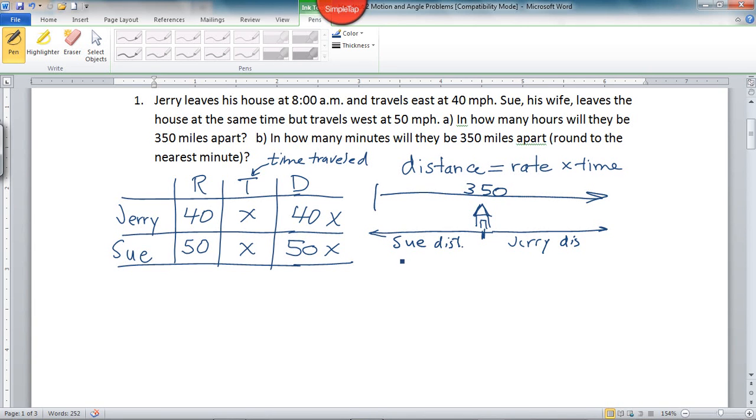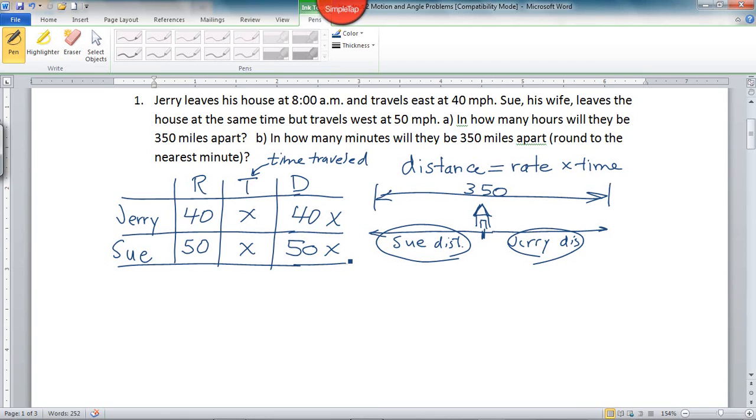Well, we can kind of see the equation shaping up. If we add together Jerry's distance and Sue's distance, that's going to have to equal the 350 miles. Well, what do we have for Jerry's distance? Jerry's distance, we've got an expression, is 40x. For Sue's distance, we've got 50x.